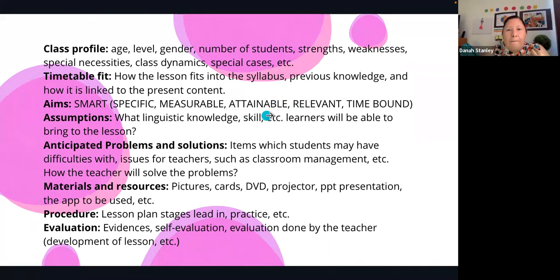Attainable: within the skills, taking into account the limitations and abilities your students have. Relevant. Why? Because, ¿por qué? Yes, they are going to work with the video, I don't know, the life of Donald Trump.